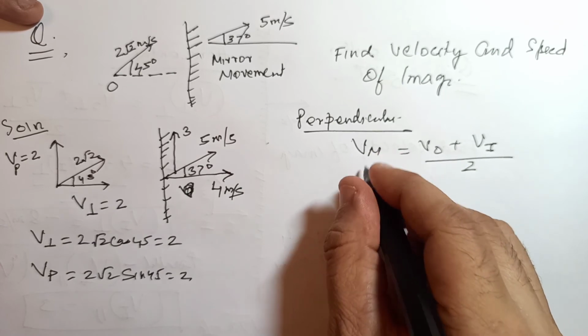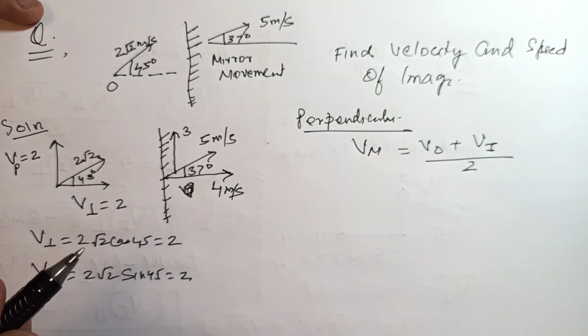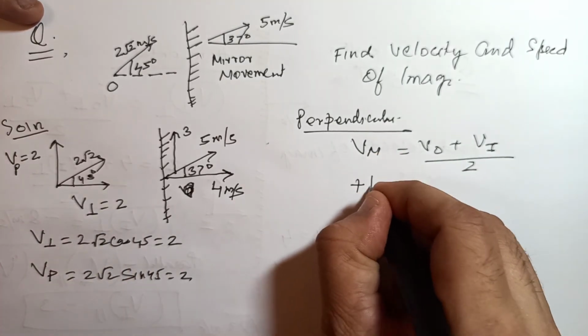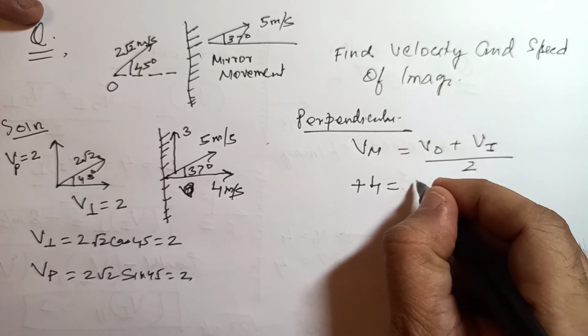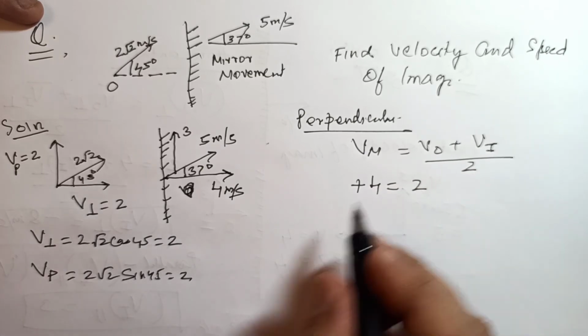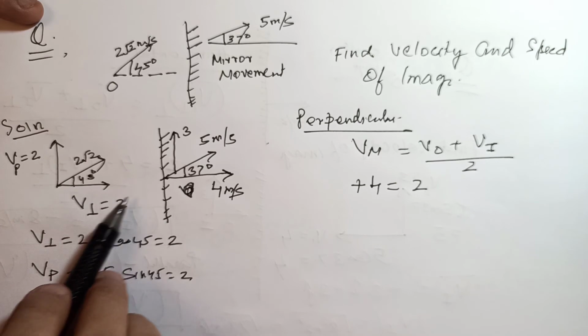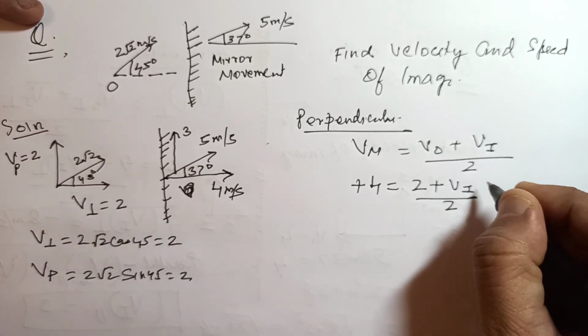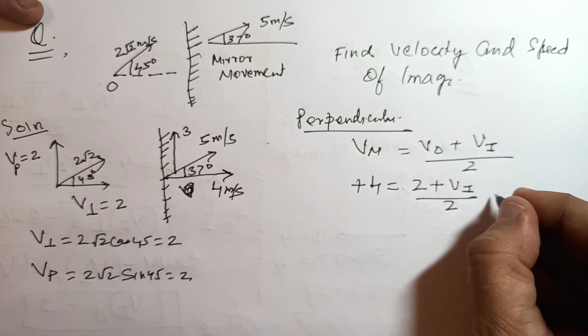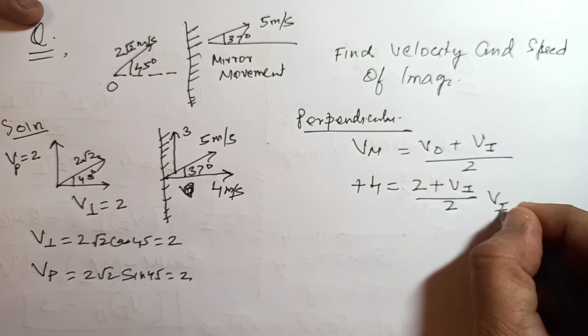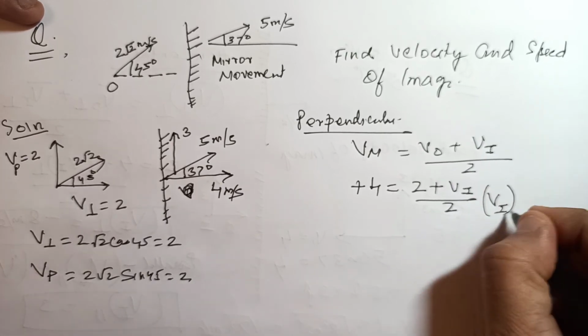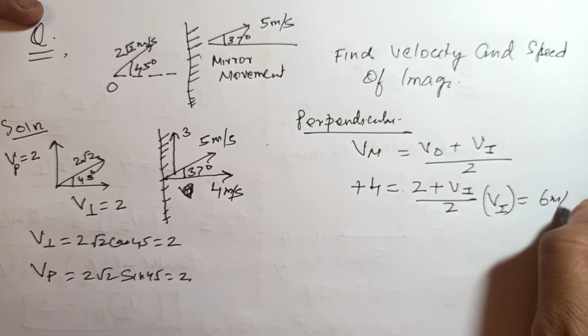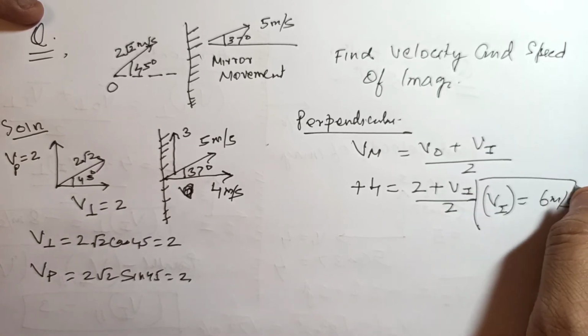The mirror is moving in this direction, so it is plus 4 is equal to V naught, which is 2, because the object is moving in this direction, plus Vi by 2. So Vi perpendicular is equal to 6 meter per second.